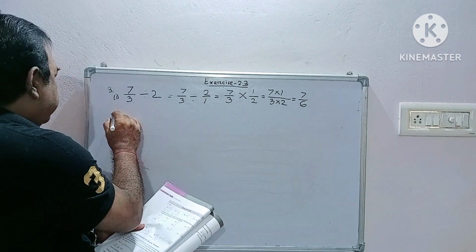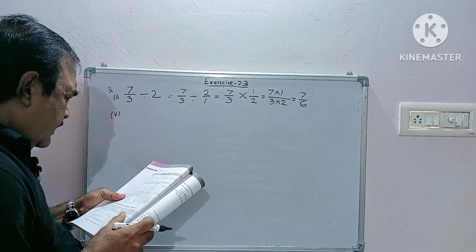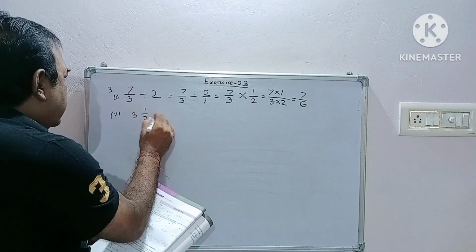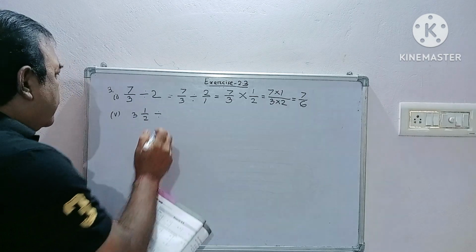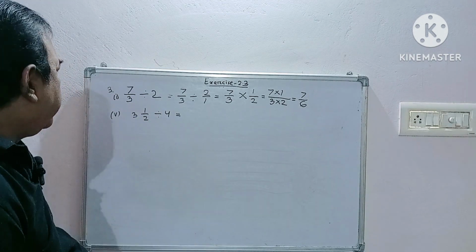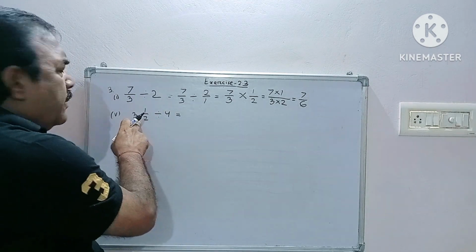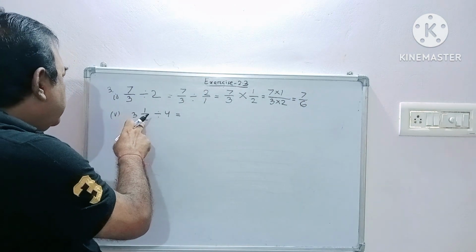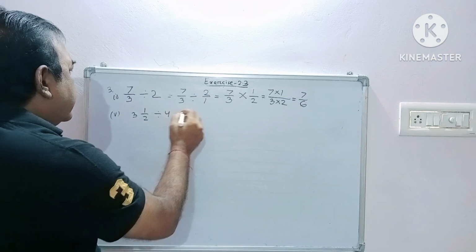Suppose B, 3 whole number and 1 upon 2 divided by 4. So what do you do here? Now we have to convert this mixed fraction into an improper fraction. 3 2s are 6, 6 plus 1 is 7.